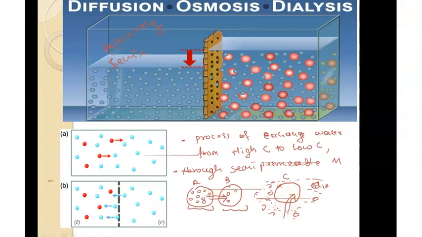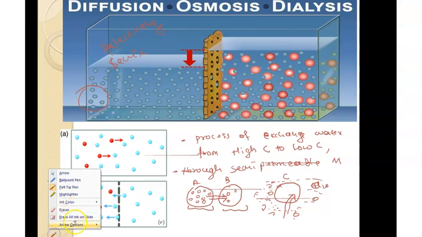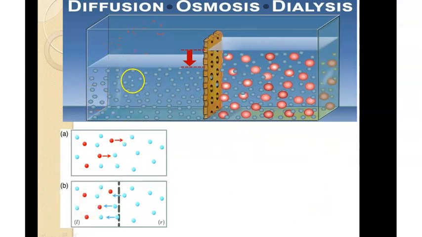So let's say suppose I have a cell here. Let's take this one only. Let's say this is my cell, embedded in this area. So this is its external environment and this is my cell. Inside the cell I have a lot of water molecules, let's say, and outside I have only less amount of water.